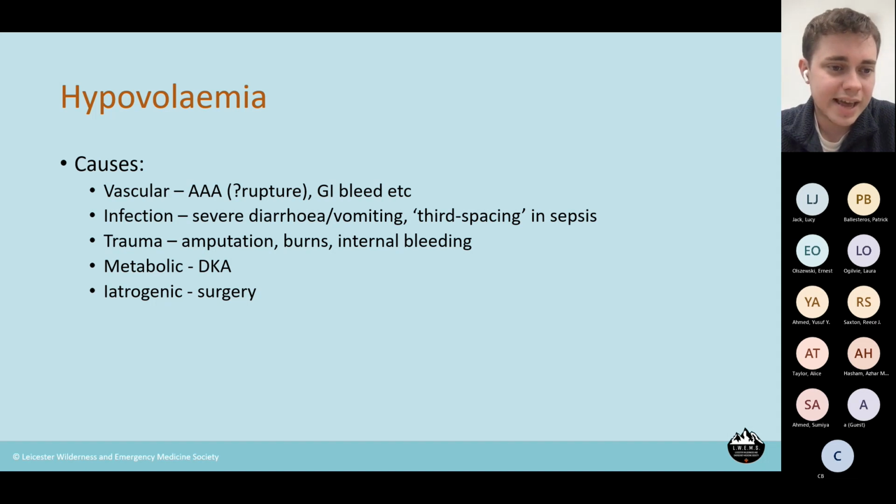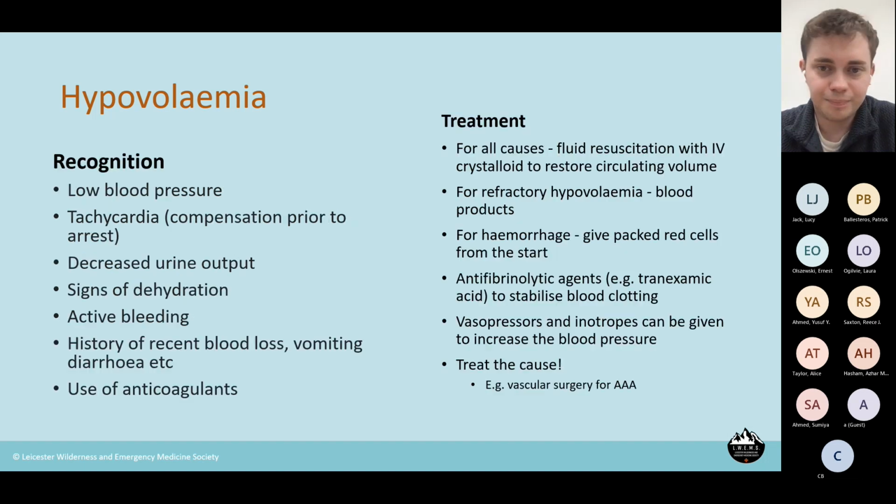Metabolic causes like DKA cause severe dehydration, and then surgery as well. And in particular, you want to think about people that are on blood thinning medications or those that have bleeding disorders, because they're particularly at risk for this as well.